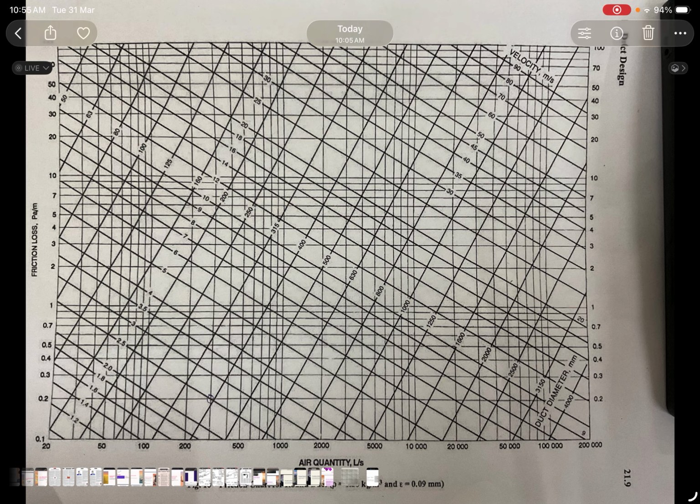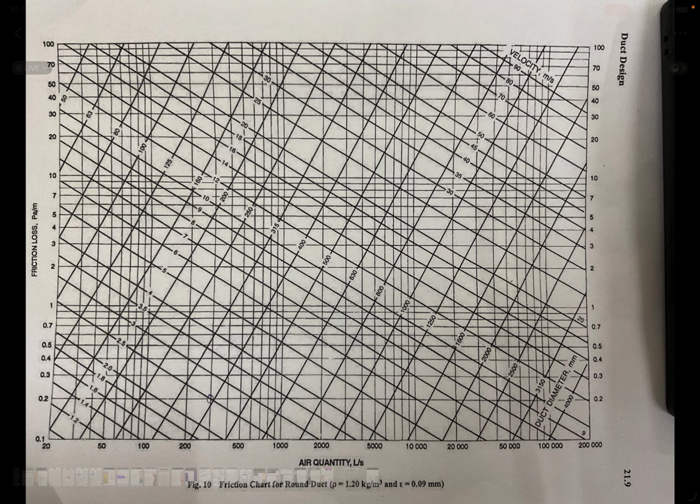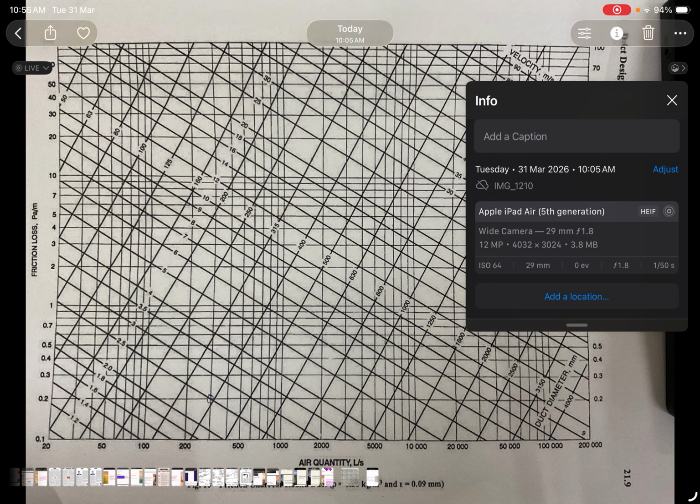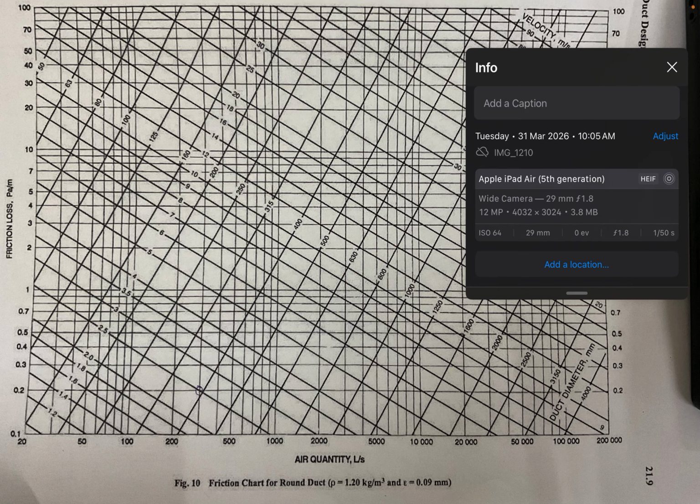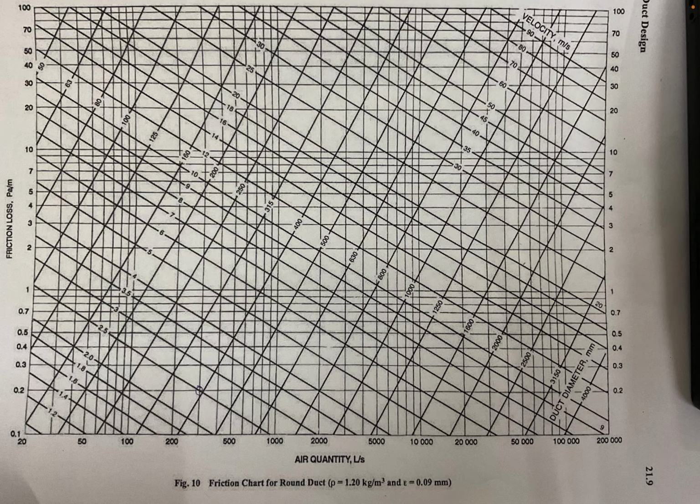These lines which you see are the duct diameters, right? And these lines which you see, 1.2, 1.4, 1.5, 1.82, 2.5, are the velocity lines. They are in meter per second.